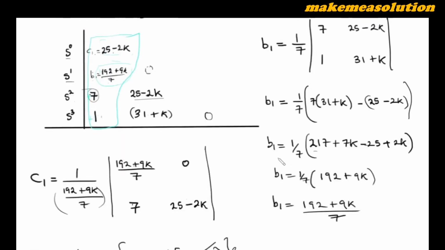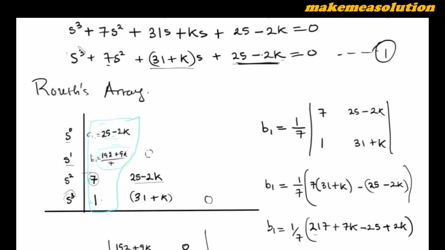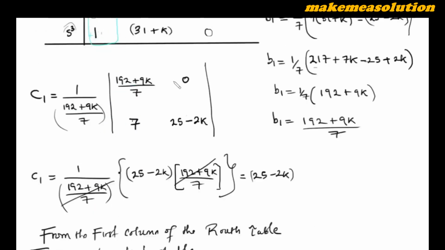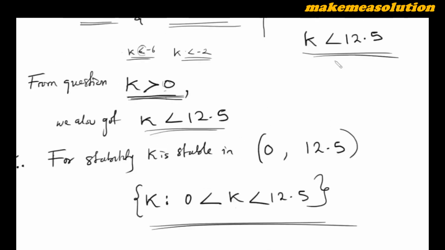That means all our s, the three roots of this characteristic equation. Remember, a characteristic equation of degree n has n roots. So the three roots of this characteristic equation will always be negative as far as k is in this range between 0 and 12.5.